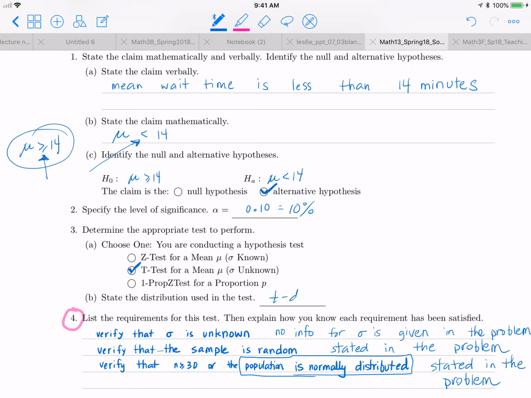It is a t-distribution. How do we know that? Number one, if you forget, the easiest way is to say, hey, it's written in the problem, right? It's a t-test. For a z-test, you're using the z-distribution. For a one-prop z-test, you're using the z-distribution, right? For a t-test, you're using the t-distribution.